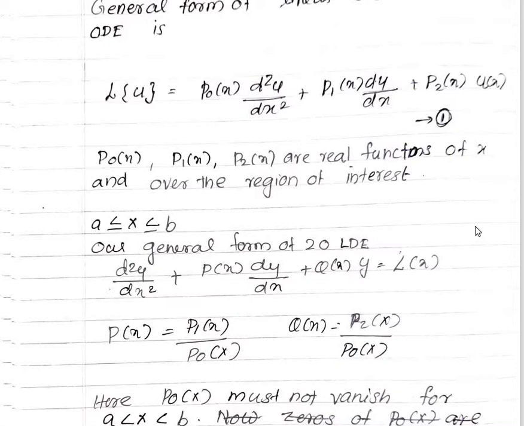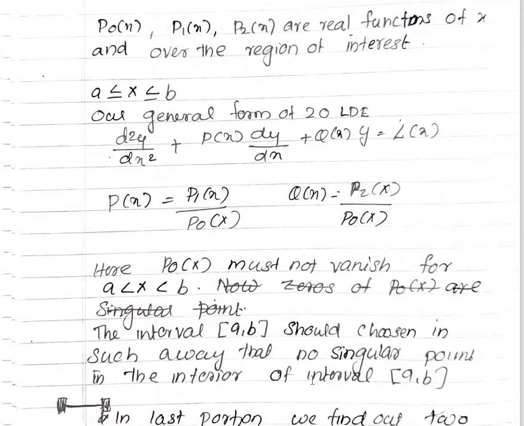So we can make these two equations similar by dividing by P0(x). Here P0(x) must not vanish between the limits a and b.